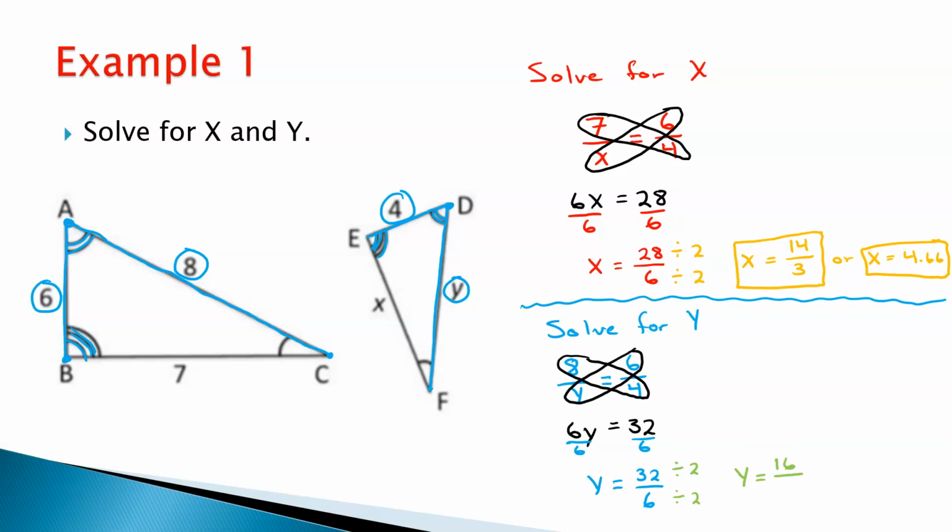And then 6 divided by 2 gives us 3. And of course, if you really did want the decimal, y is equal to 5.3333, and it goes on for a while. Again, I would prefer the simplified fraction over the decimal, but there you have it.